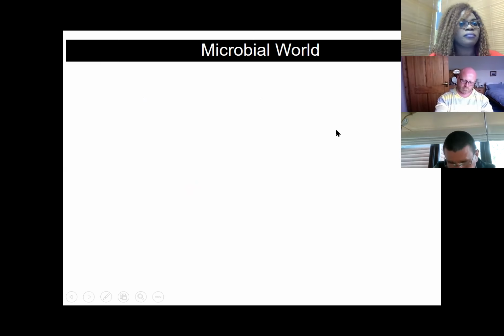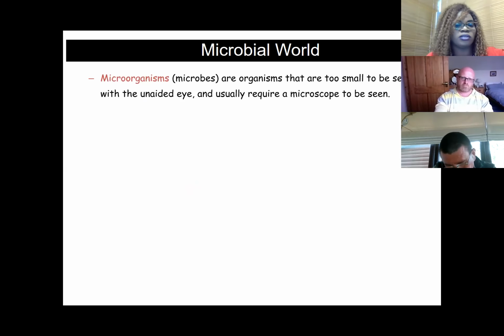So when we talk about the microbial world, what does that include and what does it mean? Generally, microorganisms are organisms that are too small to be seen with the unaided eye, and you usually require a microscope to see them. The thing about microorganisms is you have the good, the bad, and the ugly.